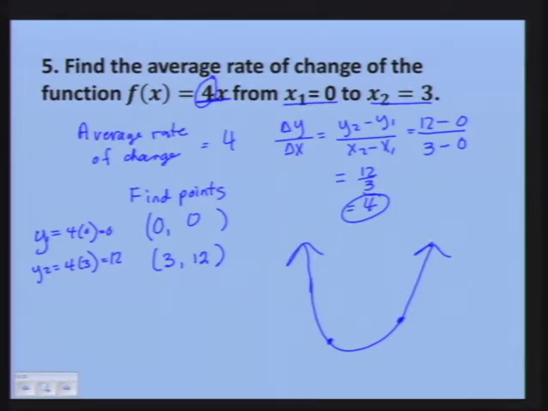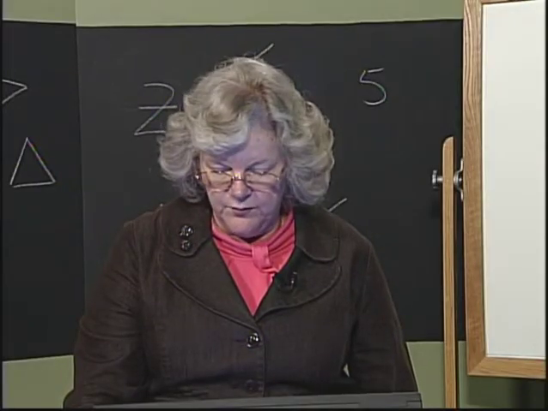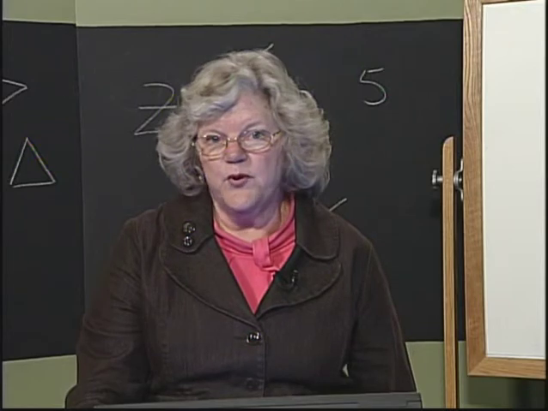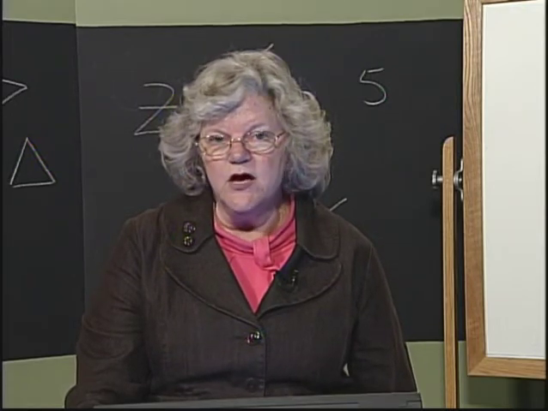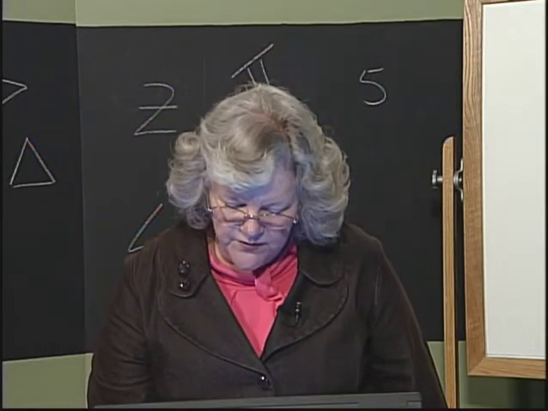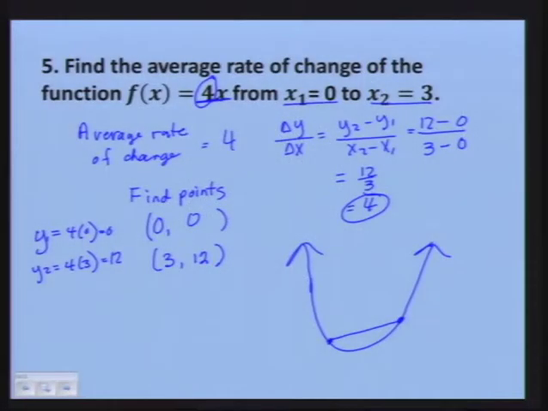Well, we can't very well use the slope of the parabola per se, can we? But what if we found the slope of the line passing through the 2 points we're interested in? That's what we would use when we don't have a line. We would use the secant line connecting the points we're interested in.